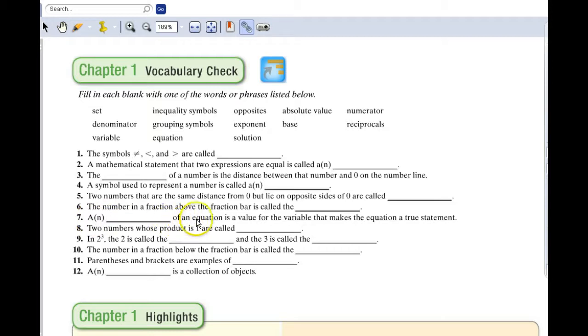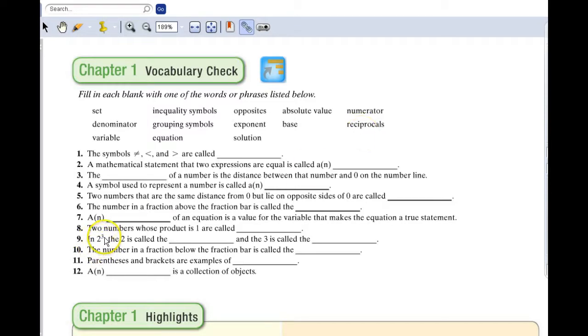What of an equation is a value for which the variable that makes the equation a true statement? That's the solution. Two numbers whose product are 1 are called reciprocals.